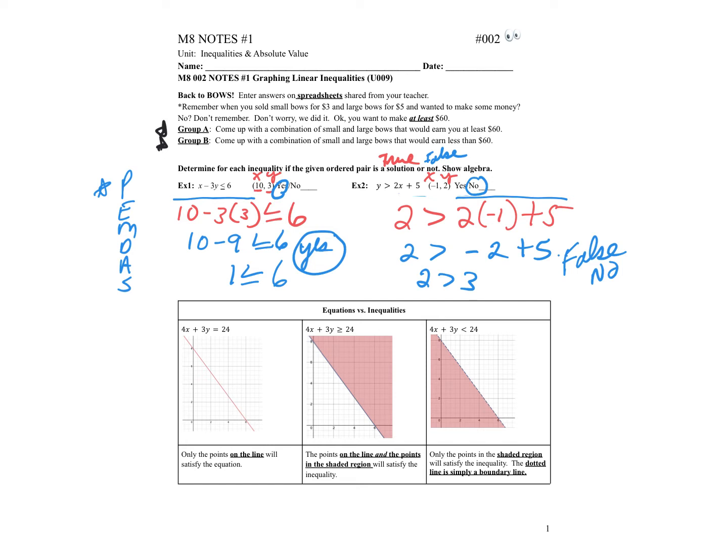There are several differences between graphing equations and graphing inequalities. Graphing equations, which we've been doing this year, gives a solid line, and the only solutions to this equation fall on this line. All the ordered pairs that would make this equation true fall on that line.